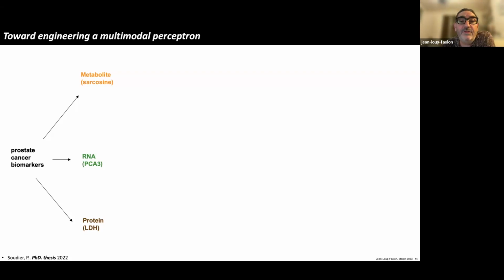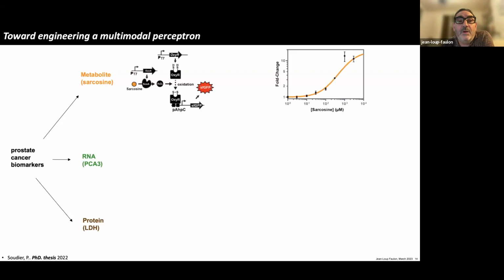So in order to do this, we built individual sensors for each of these molecules. For sarcosine, we transform sarcosine into hydrogen peroxide, which we already mentioned, detected by OxyR. So you have the dose response curve.